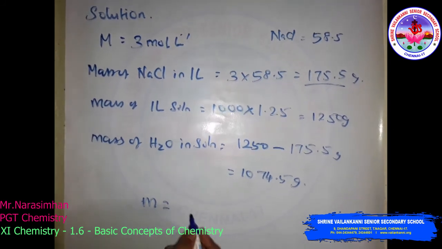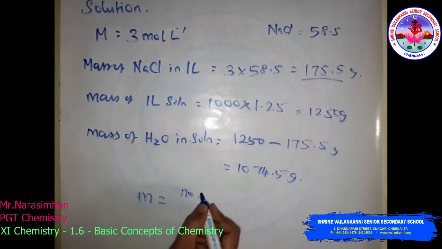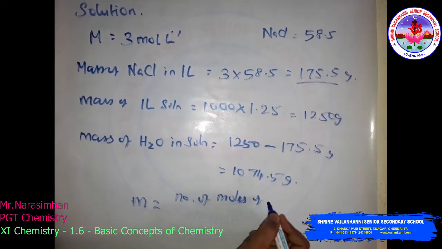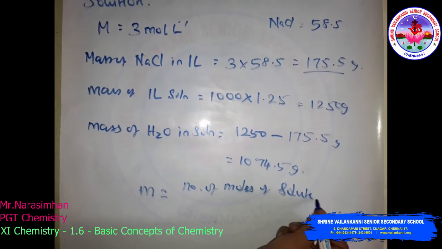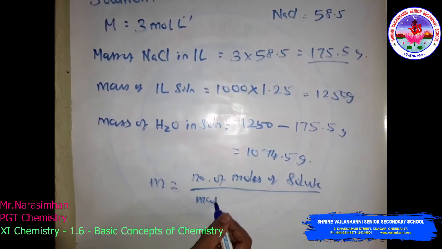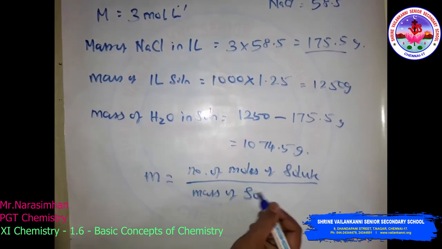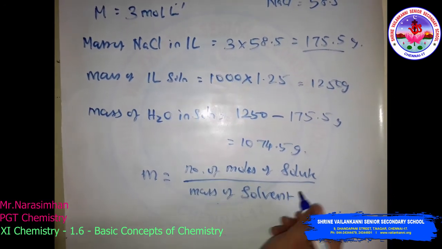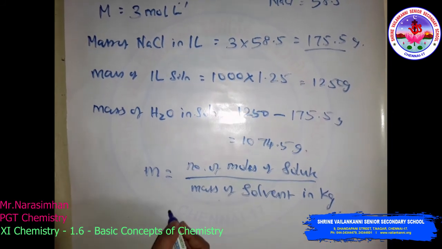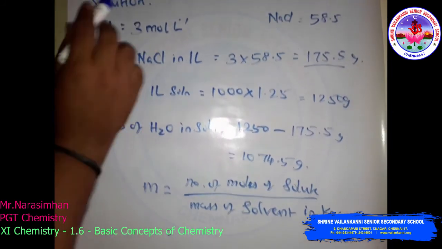Now the molality of the solution. Molality is equal to number of moles of solute divided by mass of solvent in kilogram. So the number of moles of solute was 3 moles, right?